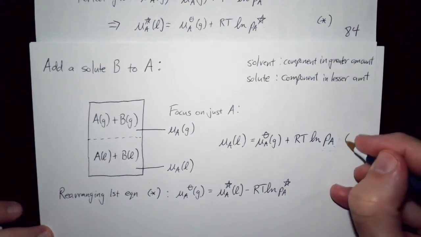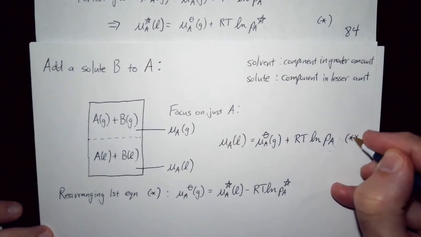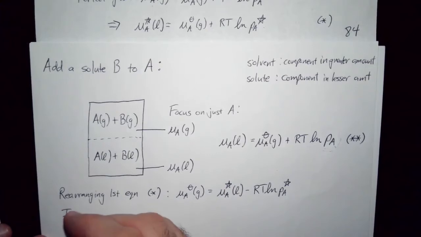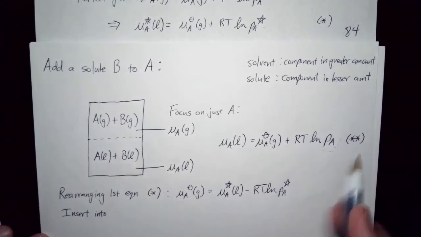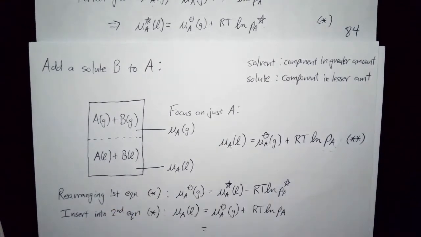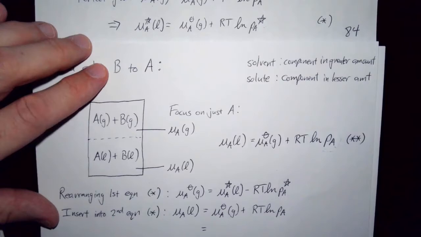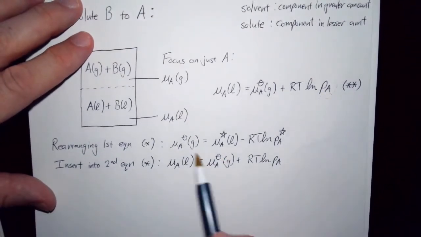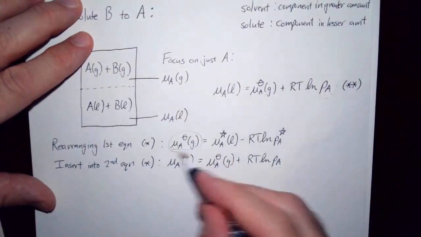Let me label this one asterisk, asterisk, okay, double asterisk. And so now we're going to insert that result here into the second equation, the double asterisk equation. All right, so I've just basically rewritten the second equation here, and now I'm going to plug in this right here.